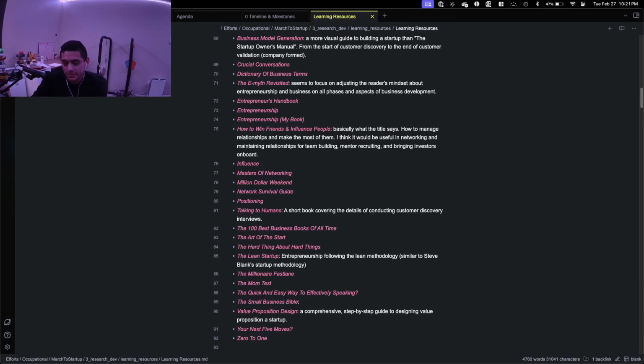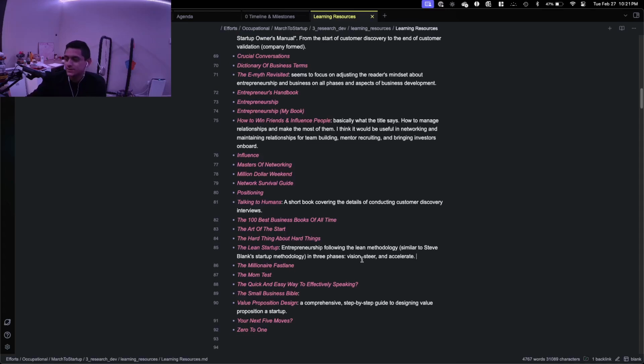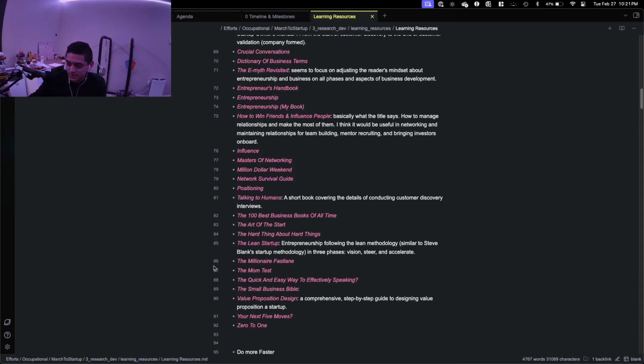Following the lean methodology in 3 phases: vision, steer, and accelerate. Yeah, that's good enough for me. I might add more detail once I make like a website and read the book, but for now, this is useful for me.